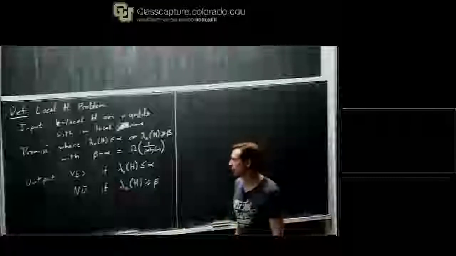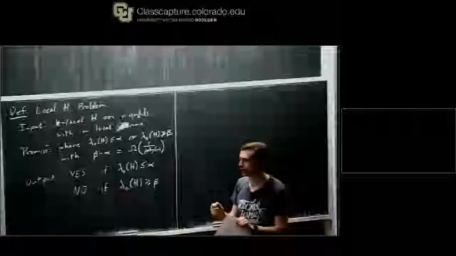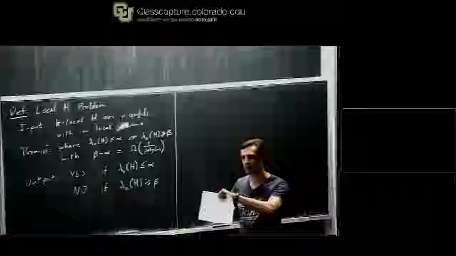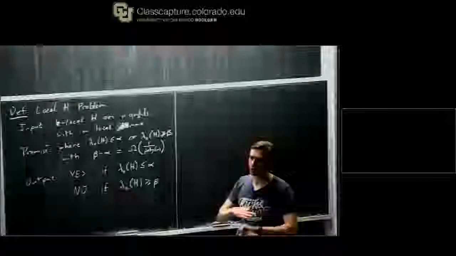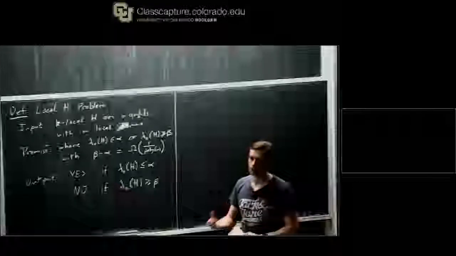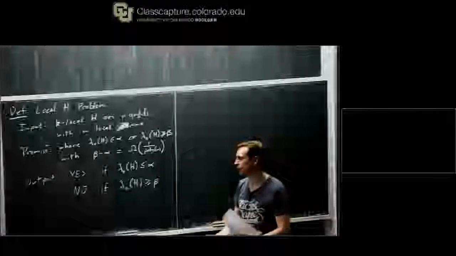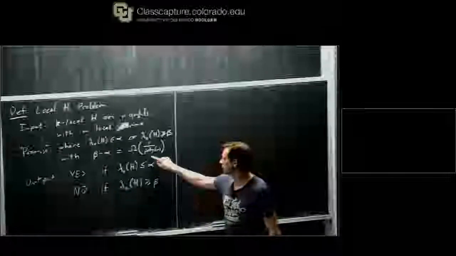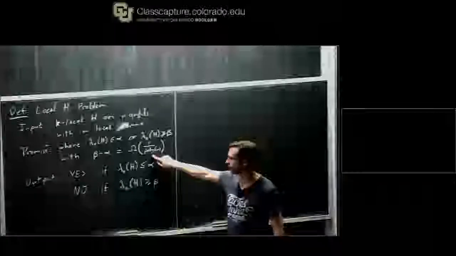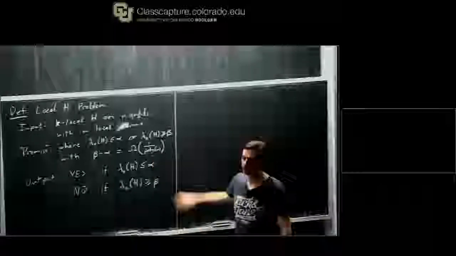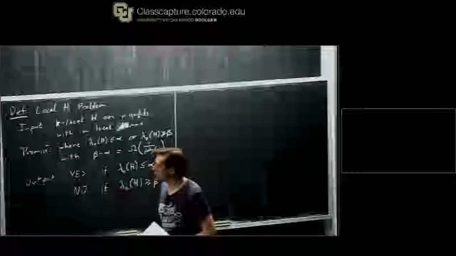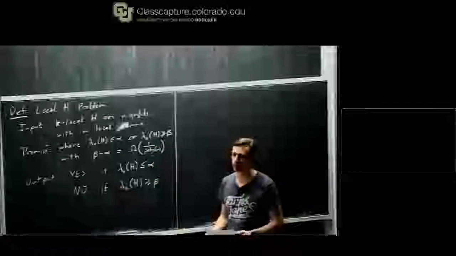I pick some alpha and beta and ask, does the ground state energy lie above beta or smaller than alpha? If it's smaller than alpha, then I subdivide that range, pick a new alpha and beta, ask the question again, and so forth. Like that, I can home in efficiently on a 1 over poly approximation to the ground state energy, 1 over poly because of this requirement: I can't take beta minus alpha smaller than 1 over poly. Good. So this captures, in a precise computational sense, the problem of estimating ground state energies.